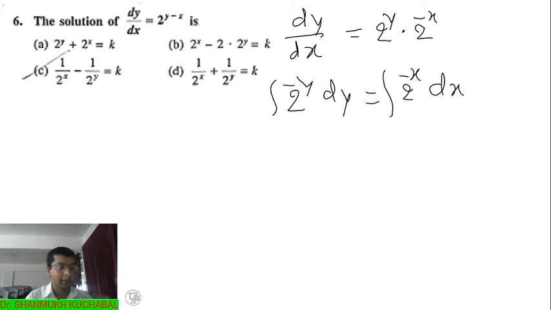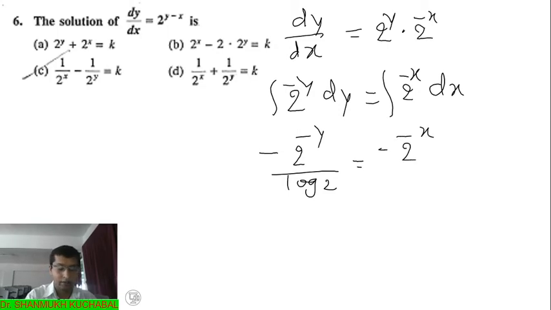Okay, so integrating this one, we get minus 2 raised to minus y divided by log 2 equal to minus 2 raised to minus x divided by log 2, and we add a constant of integration.